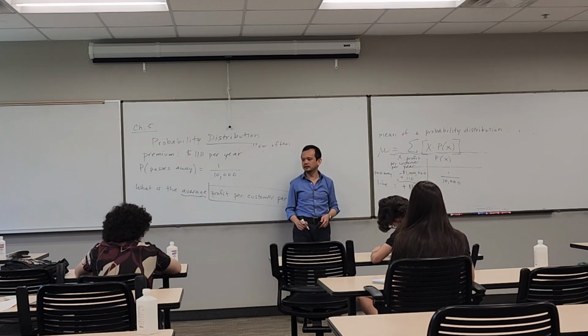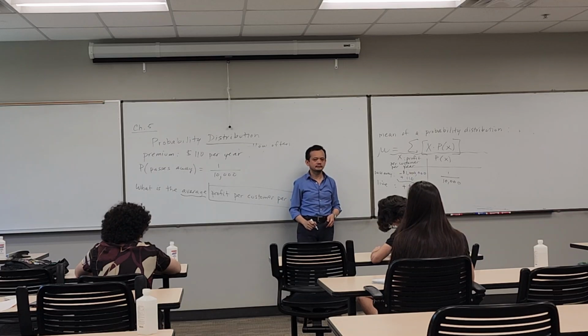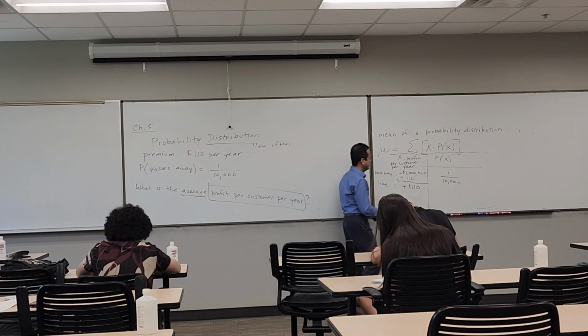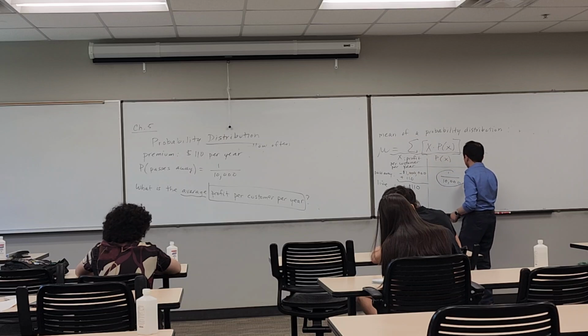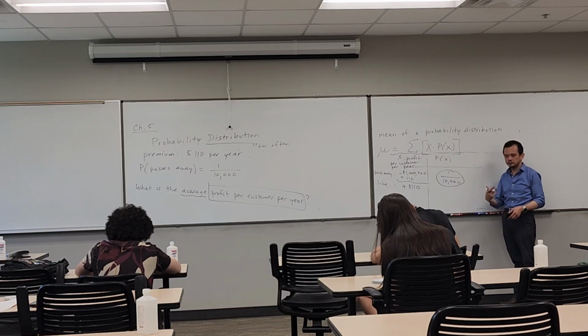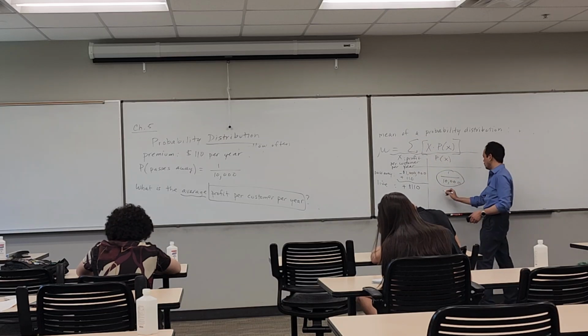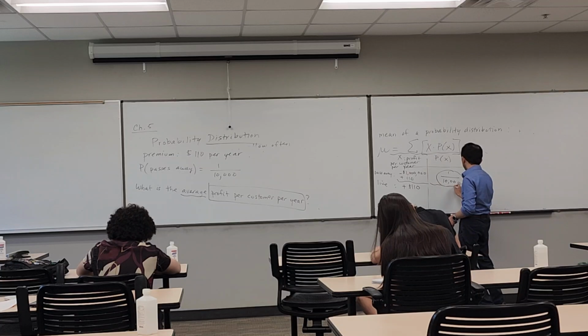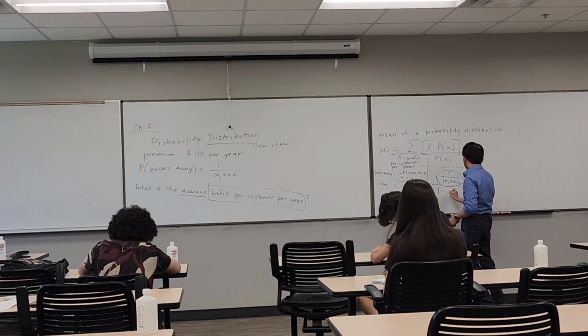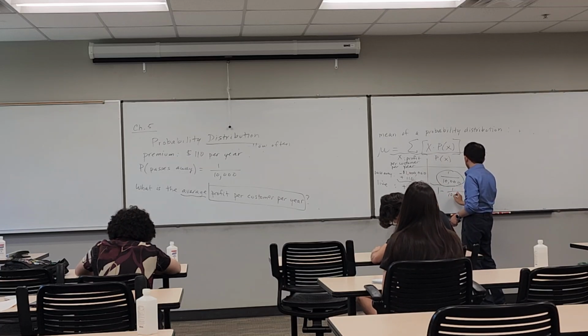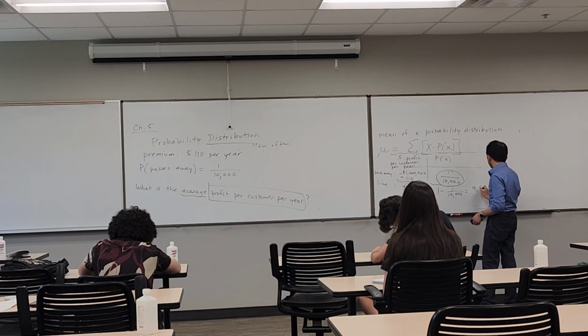And what's the probability of that happening? Yeah, it'll be whatever's left over from 100% or from 1. So this will be 1 minus 1 in 10,000, which is 9,999 divided by 10,000.